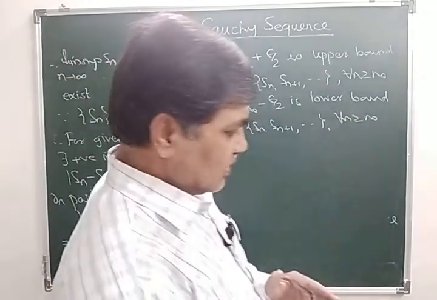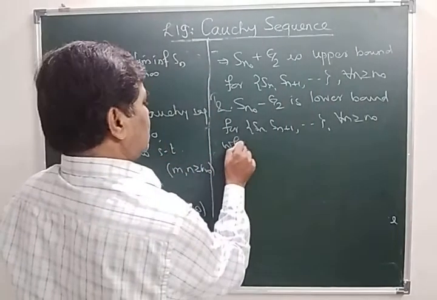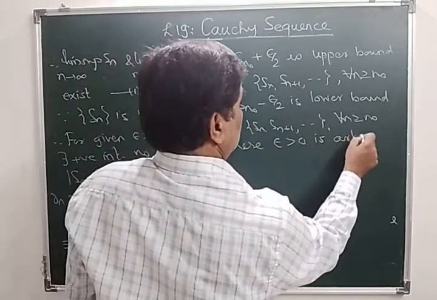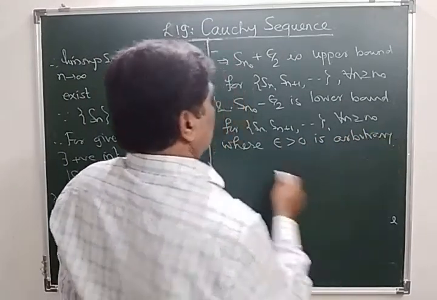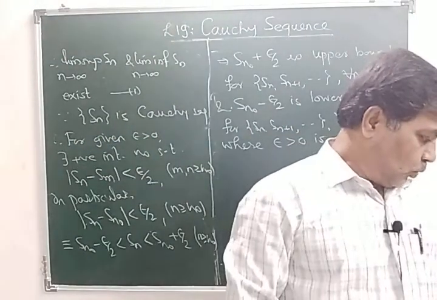What this implies is, where epsilon greater than 0 is arbitrary, epsilon tending to 0, the result is true.